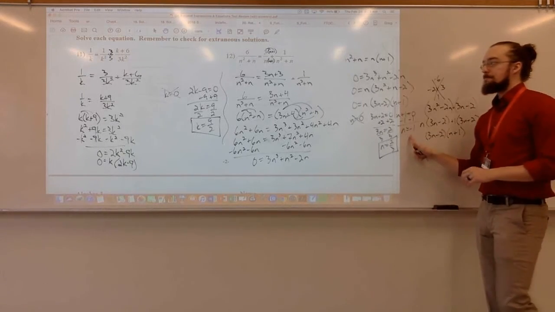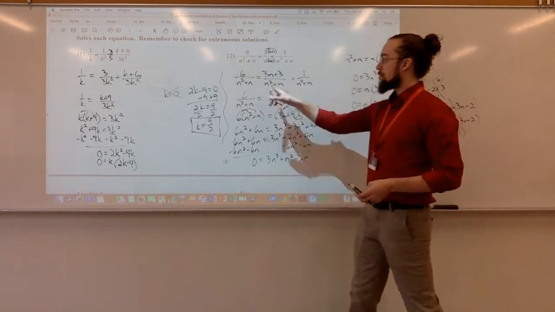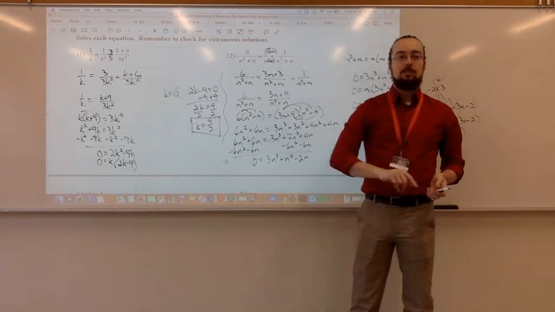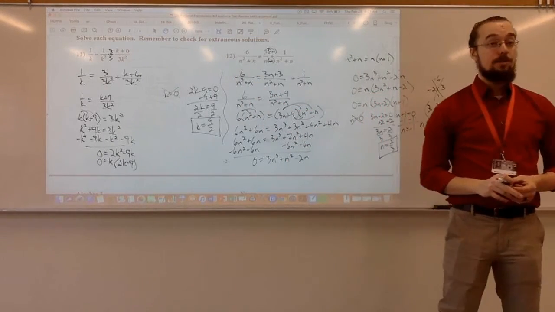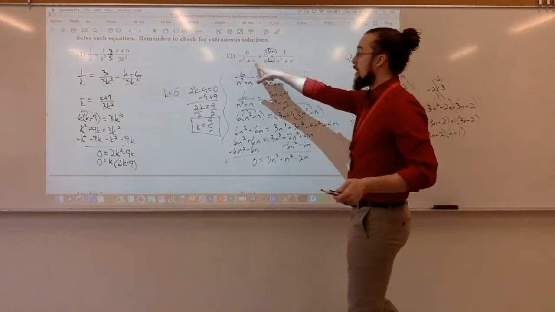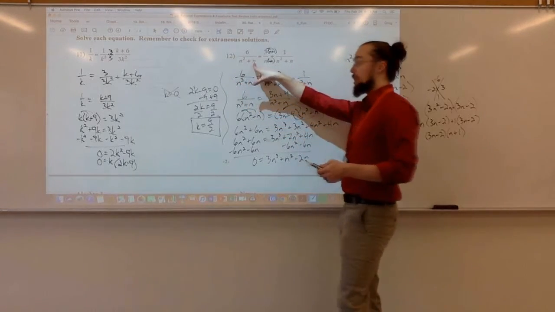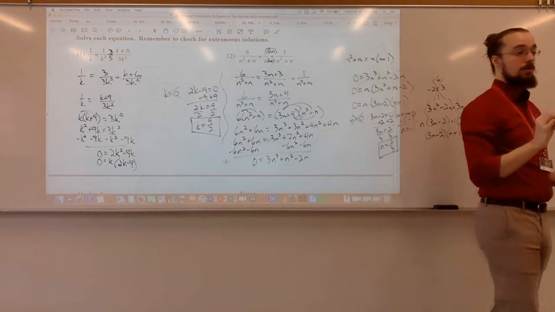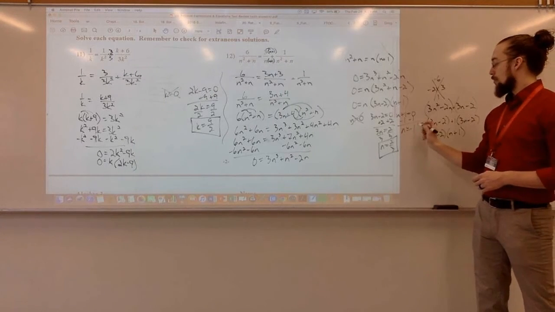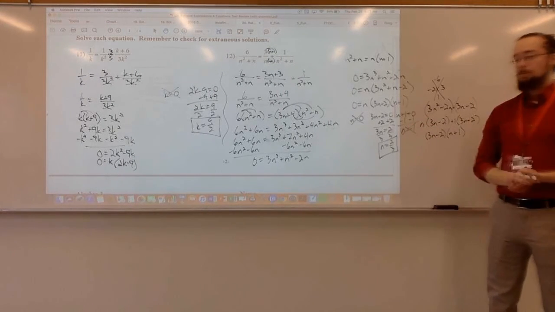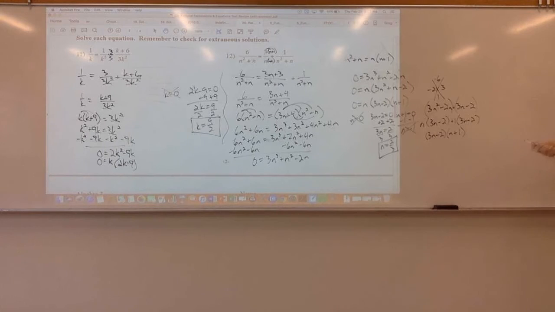Then negative 1. If I plug negative 1 in, what's negative 1 squared? Positive 1, plus negative 1. So positive 1 plus negative 1 would be 0. So negative 1 does not work either. We have 2 extraneous solutions here. The only answer is 2/3.